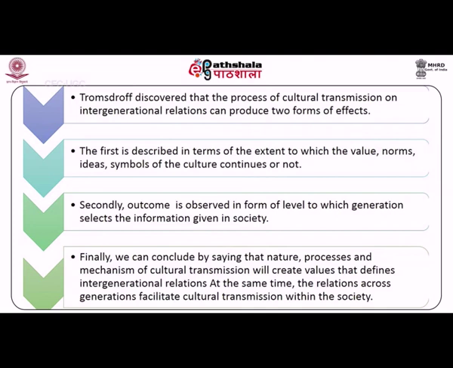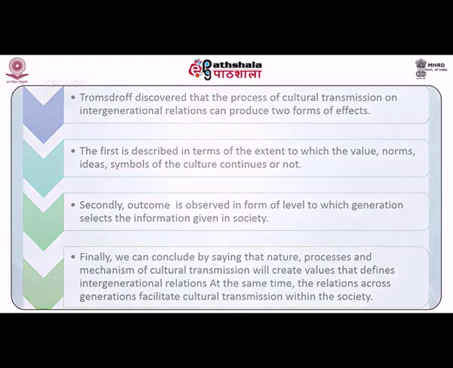Secondly, the outcome is observed in the form of the level to which a generation selects the information given in society. Finally, we can conclude by saying that the nature, processes and mechanisms of cultural transmission will create values that define intergenerational relations. At the same time, the relations across generations facilitate cultural transmission within the society.